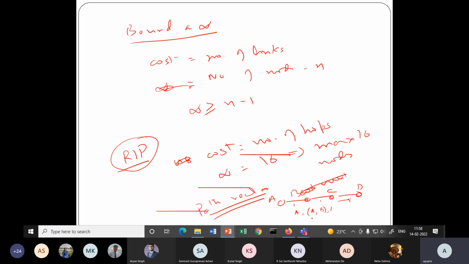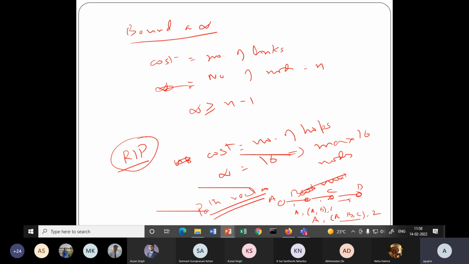When C sends to D, the destination is A, the path is A, B, C, cost is 2. Same thing will happen when D sends further down and so on. So the entire path is sent rather than just the next hop.